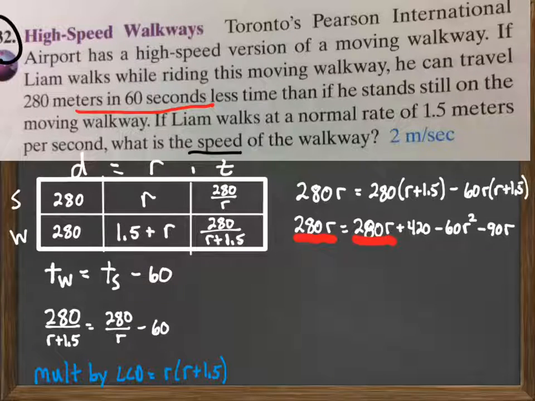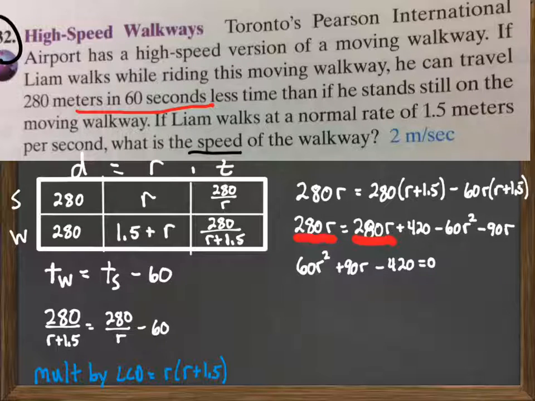One quick thing to note, I have a 280r on both sides, so I'm just going to wipe that out. At that point, I have a polynomial equation. I don't like the squared term having a negative sign, so I'm going to move everything to the left-hand side of the equation. That would give me 60r squared plus 90r minus 420 equals 0.